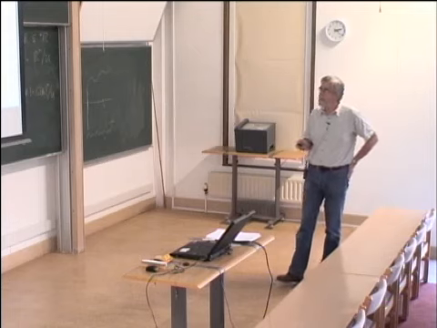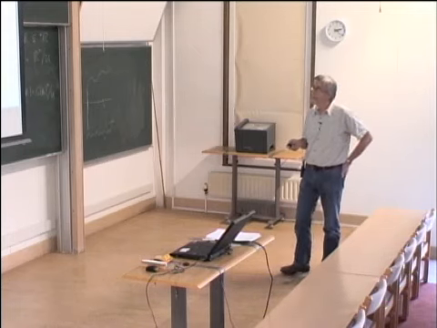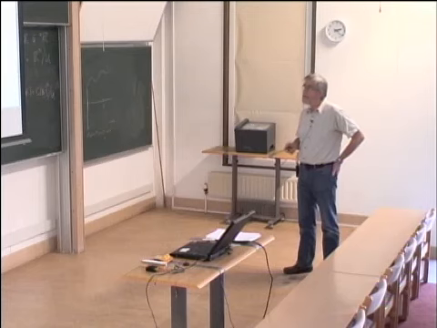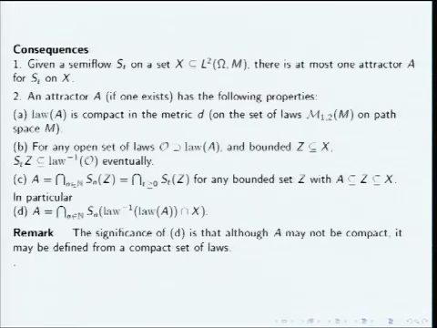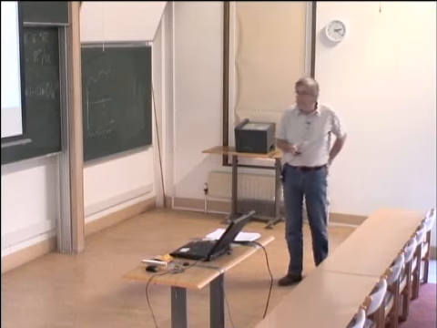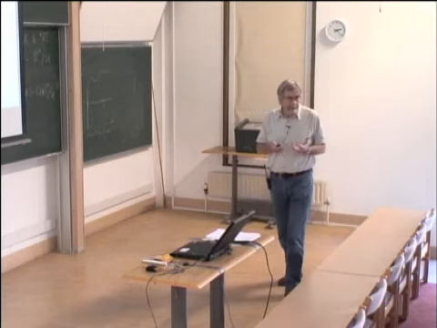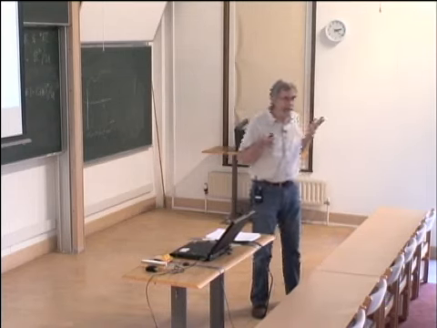And if we apply that in particular to the set of inverse laws of A, we get that A actually can be defined in this way. But the point about that is simply that although A is not compact, it has a definition in terms of a compact set of laws. So it's quite close to being compact. Okay.